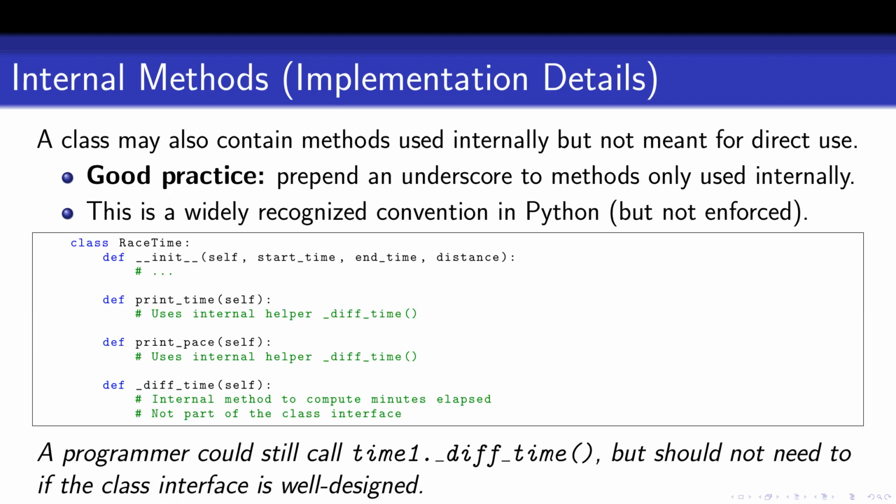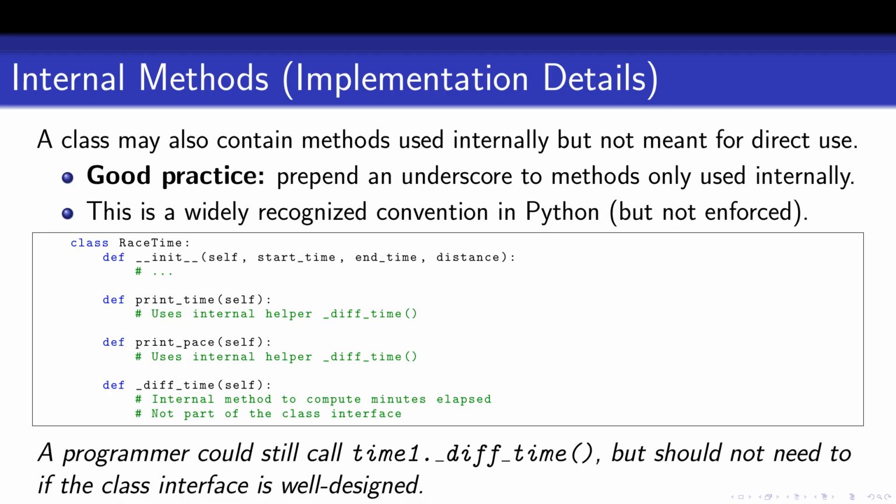Not all methods in a class are meant to be used directly by the end user. Some are internal helper methods used only within the class to support public methods. In Python, it's common practice to indicate this by prefixing the method name with a single underscore, for example, _diff_time. This is a convention, not enforcement.